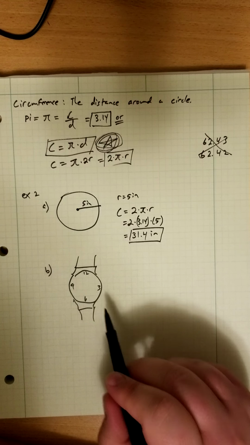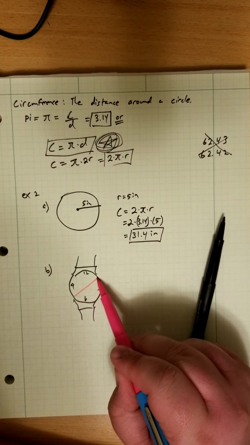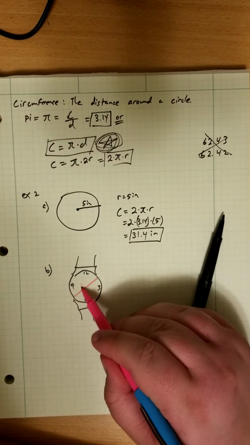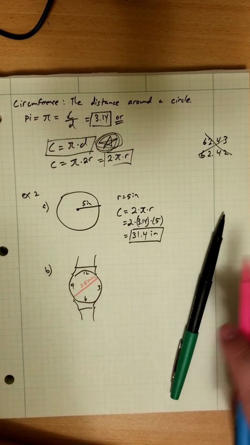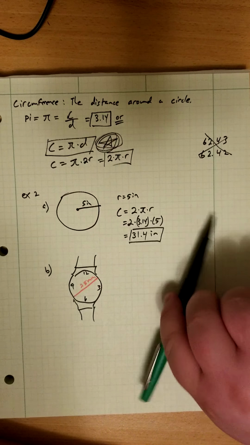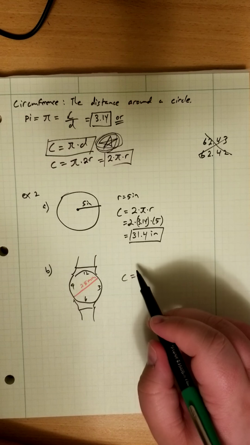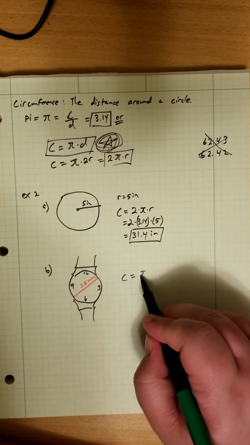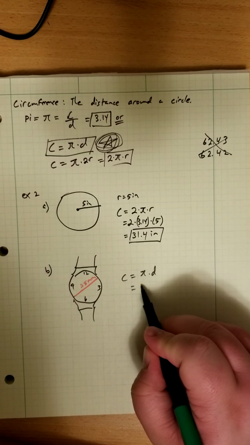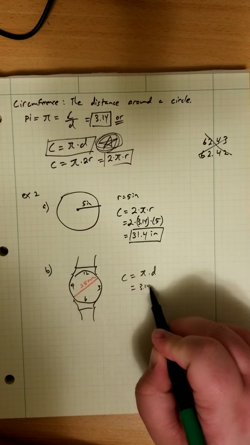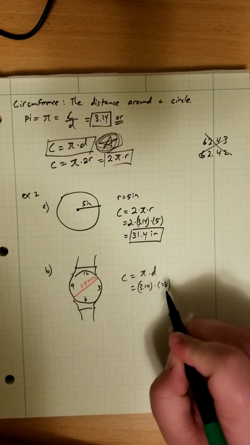The diameter going all the way across the center is 28 millimeters. What is the circumference? Well, we know the circumference is equal to pi times the diameter. So the circumference is going to equal 3.14 times the diameter, which is 28.